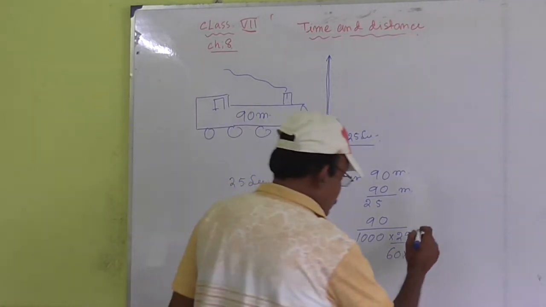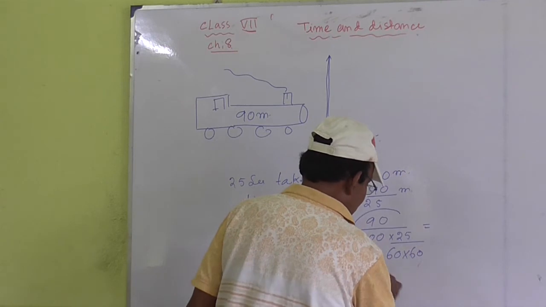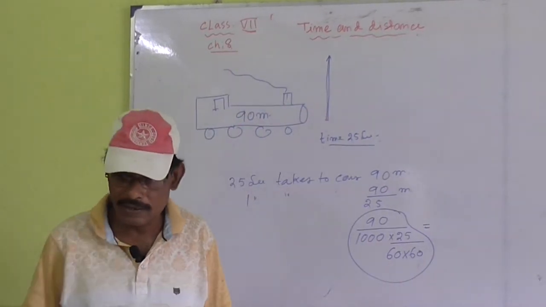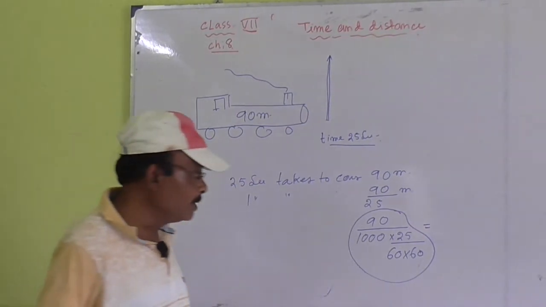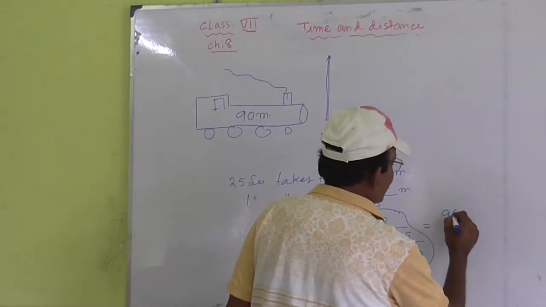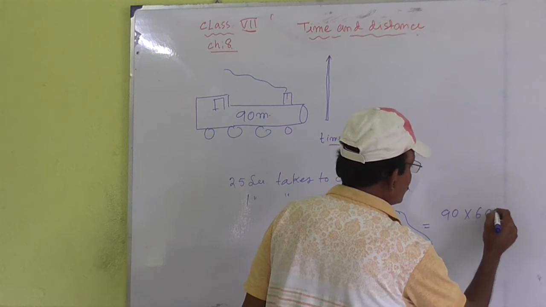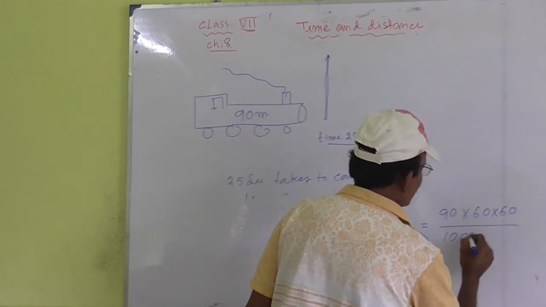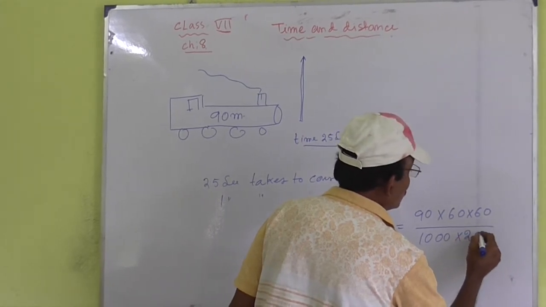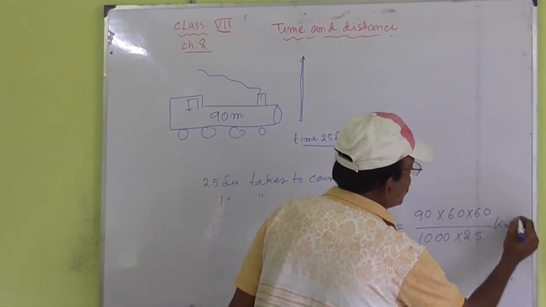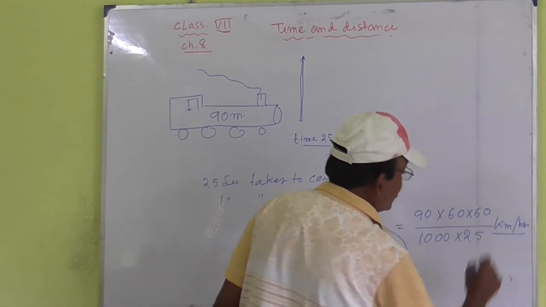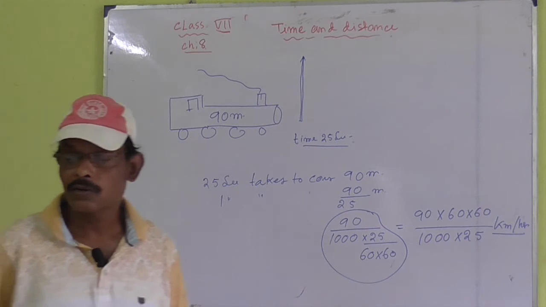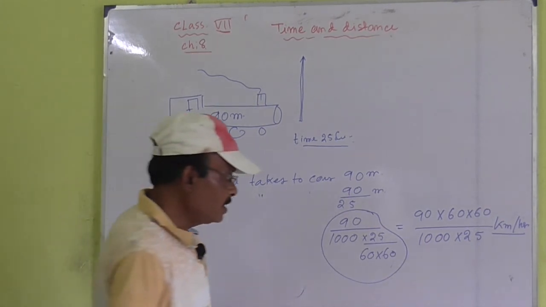So, after calculation we get the result. Clear? The result will be 90 into 60 by 1000 into 25, kilometer per hour. Clear? After calculation, you reach the final stage.